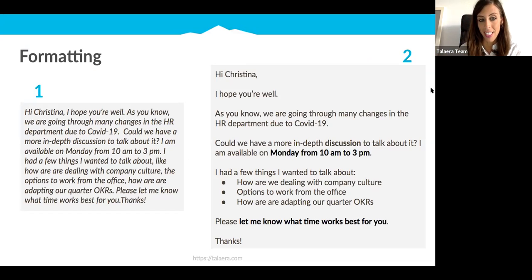The one on the left has everything packed, condensed in one paragraph. It's in italics, there are no spaces, no bold, no bullet points, nothing.